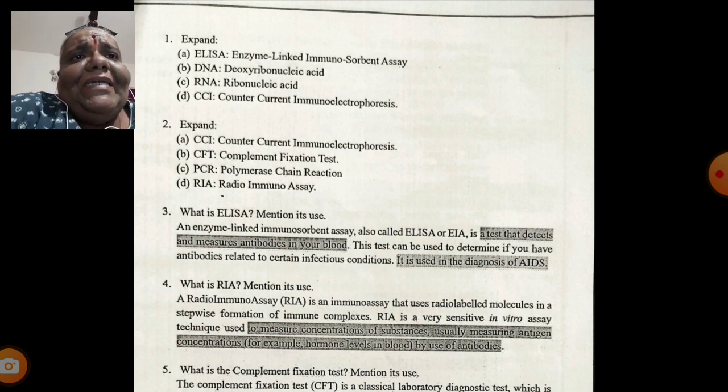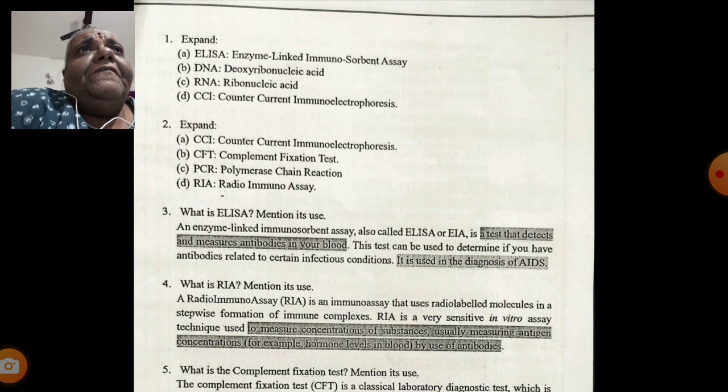And then B is DNA. Of course, DNA is not a technique. We have cells in our body. Since you students are from different physical science backgrounds, I am just briefing the elementary thing.